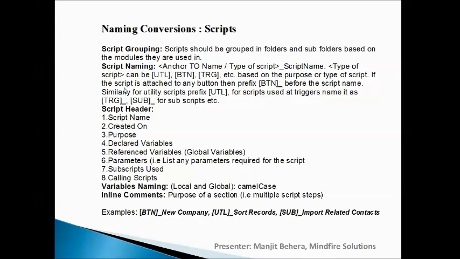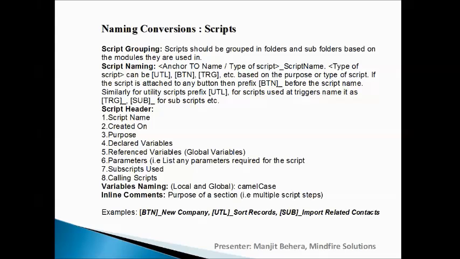Then script naming. The name of a script always has an anchor TOC name, or the type of script, that is script name and then underscore script name, and the type of script. This type of script may be utility, or it is called from a button, or it is a trigger script, or it might be a subscript.